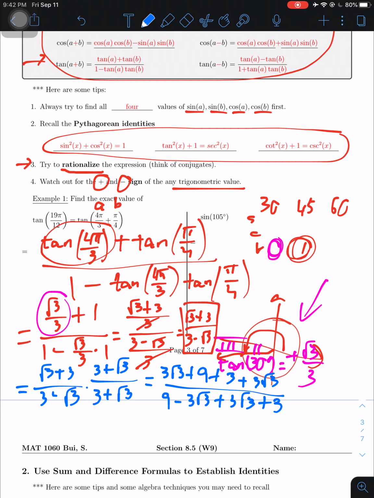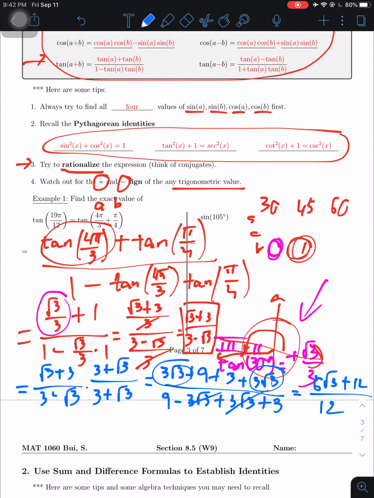Okay, either way. Anyhow, let's combine them, right? So this can combine with this. So we have 3 square root of 3's in here and another 3 square root of 3's. So together they are 6 square root of 3's. Okay, and then 9 plus 3, we have a 12 in here. On the bottom, these two things cancel and we have a 12 in here, right? So then what do we do now?